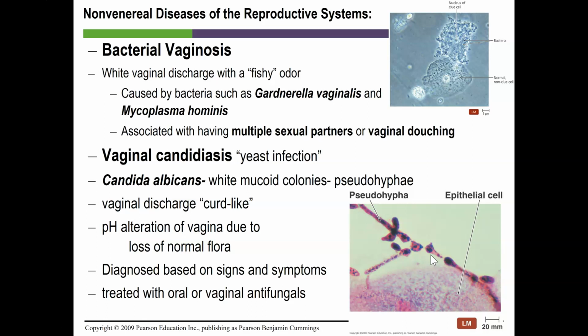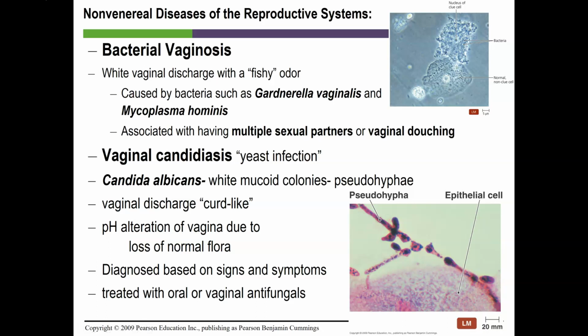Can you see this cell that's up here on the top? Here you're looking at a swab from a vaginal sample. One cell is completely covered in bacteria. The other one below is not. This bacteria-covered cell is a clue that you're dealing with vaginosis.